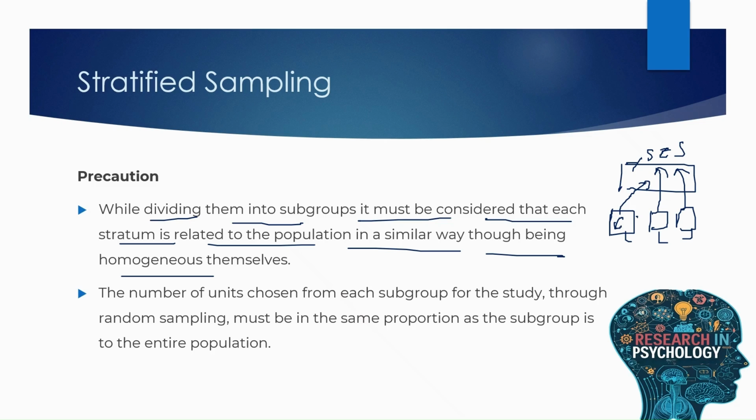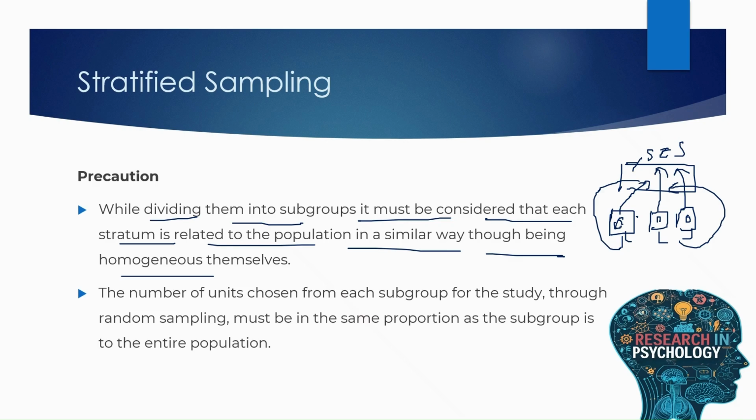So I have various communities within the population in my strata, which are different from each other, but studying them should give me a good idea about the socio-economic status of the whole population. They are different from each other, but all of them are related to the population in a similar way.